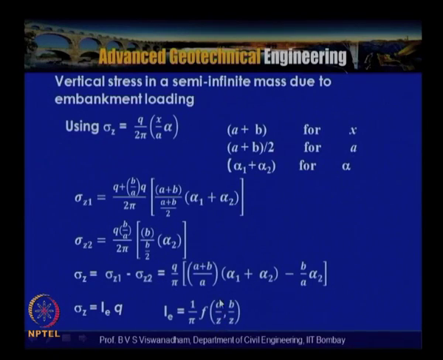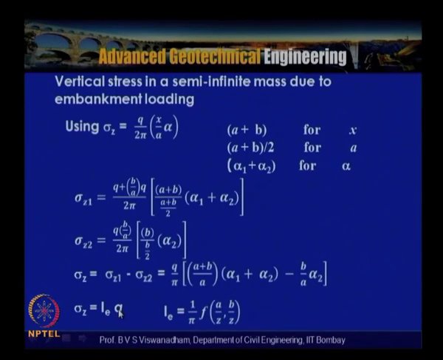Here a is the horizontal portion of the slope of the embankment, and b is the horizontal distance from the crest of the embankment to the center line of the embankment. So, sigma z is equal to IE into q.